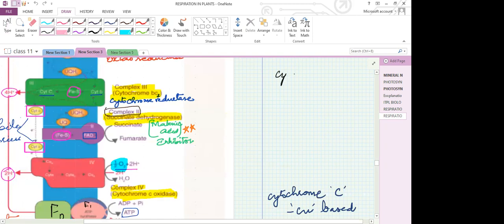Cyanide, 2,4-dinitrophenol. What are these? These are respiratory chain inhibitors.